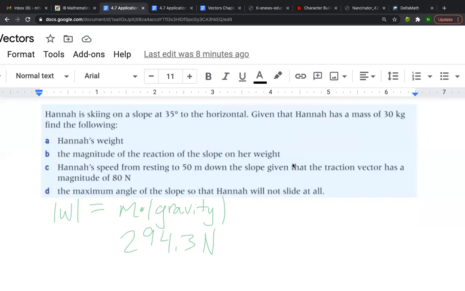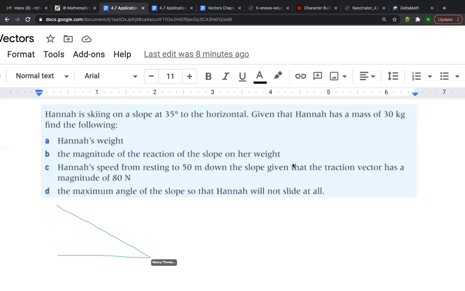Part B, it helps, I think, if you go ahead and draw out the picture. So I'm going to draw that picture first. We have our slope, and we have Hannah here.